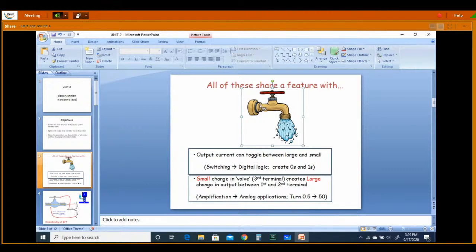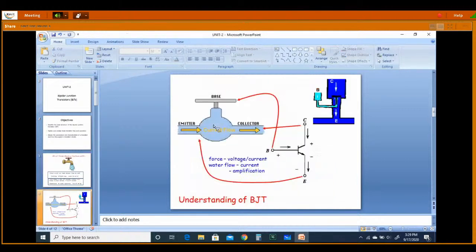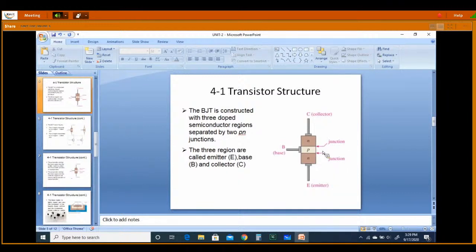This is your base terminal. This is the collector. This is the emitter. I'm imagining it like this. This is the symbol for your NPN transistor. This is the collector. Current is flowing from collector to the emitter. It is a simple transistor structure.